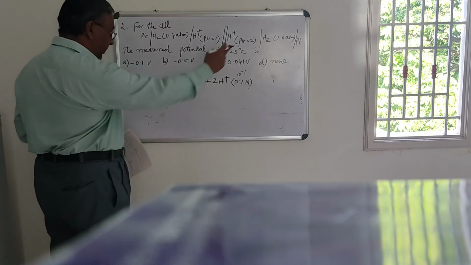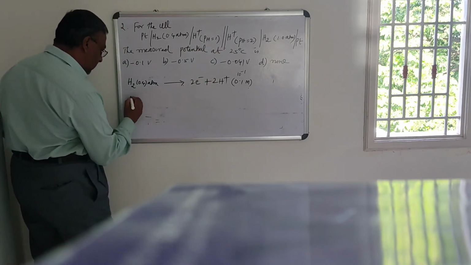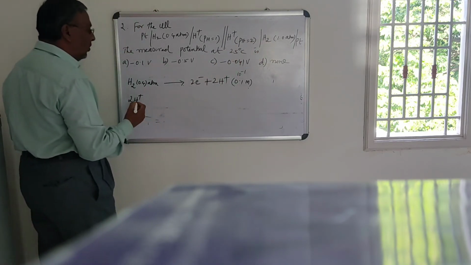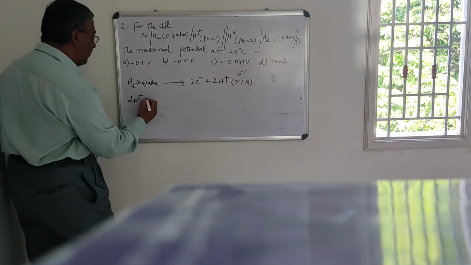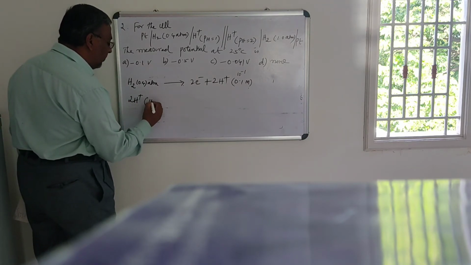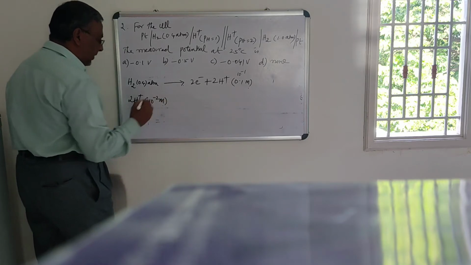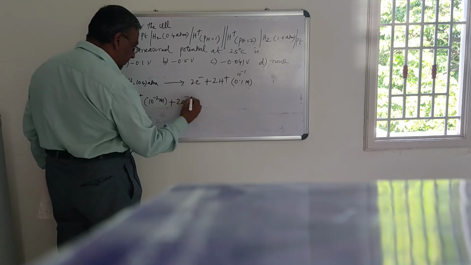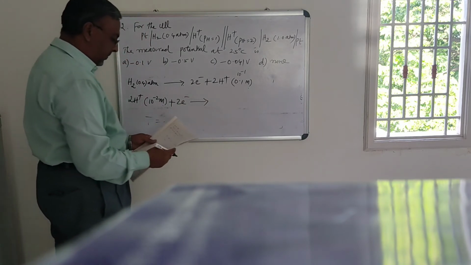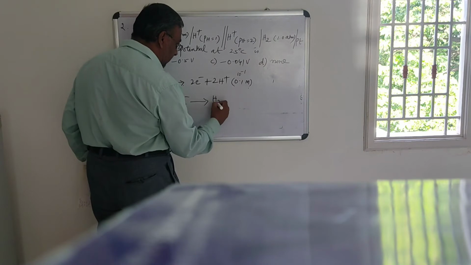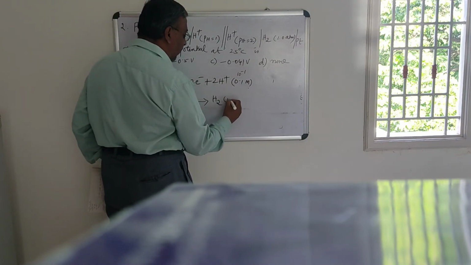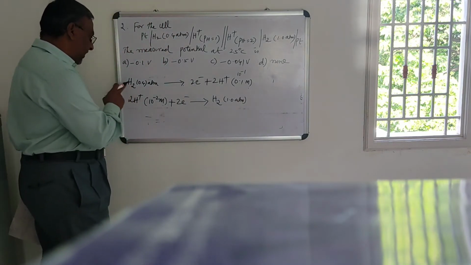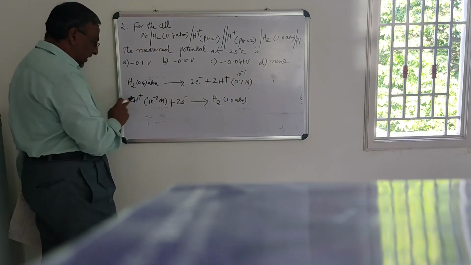In the case of the reduction reaction, 2H plus, whose concentration is 10 to the power of minus 2 M, that is 0.01, takes up these 2 electrons to give hydrogen of 1 atmospheric pressure. This is the cell reaction. This is oxidation, this is reduction.